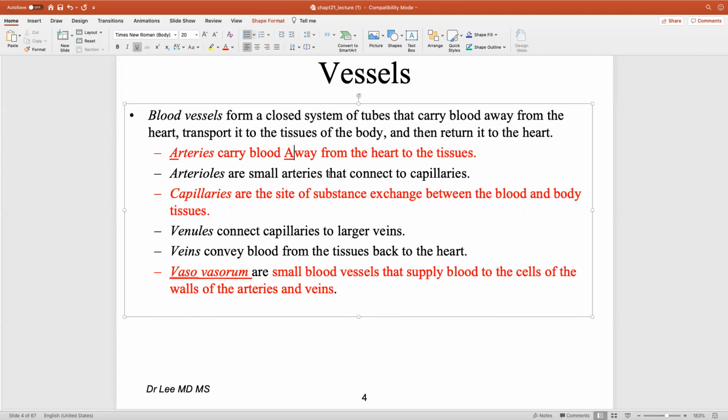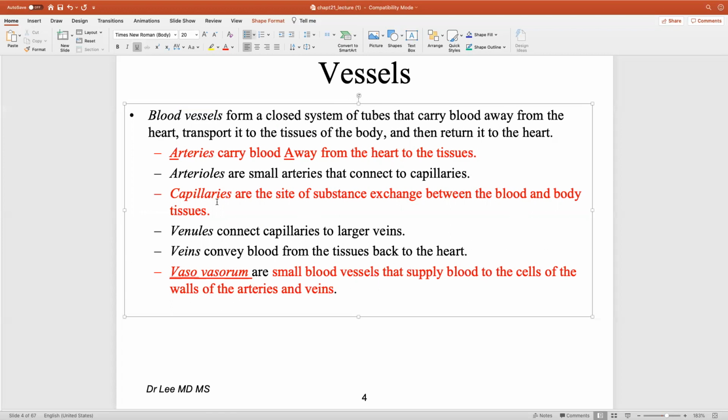Usually arteries have thicker tunics or layers. Usually arteries are a lot more pressurized. Arteries, the big ones, will eventually go to arterioles. These are the smaller arteries that eventually connect to capillaries. Capillaries are the area where gas exchange and substance exchange occurs between the blood and the tissues that require the oxygen and the nutrients, and exchange waste as well.